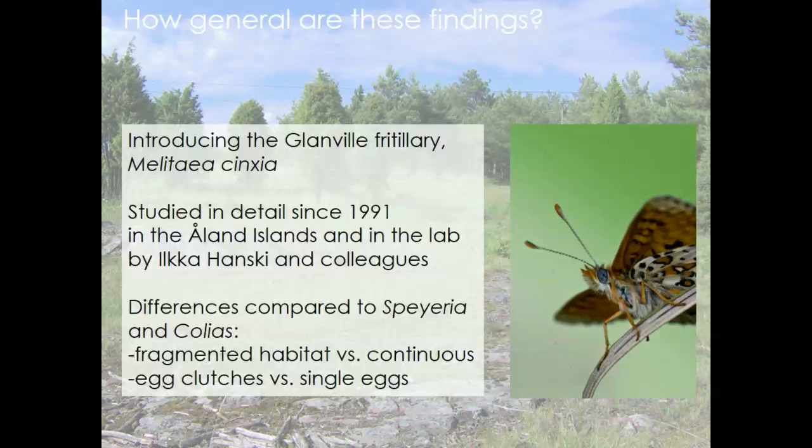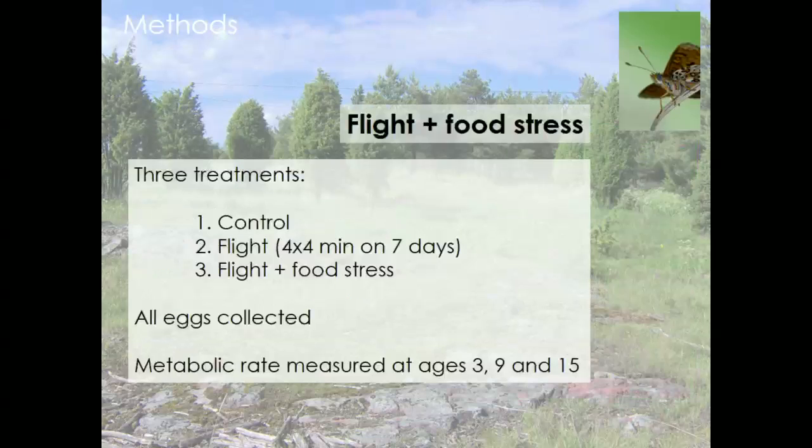One of these differences being that Melitea lays clusters of eggs, whereas both Coleus and Spirea lay single eggs. So I performed an experiment where I combined the two previous experiments.